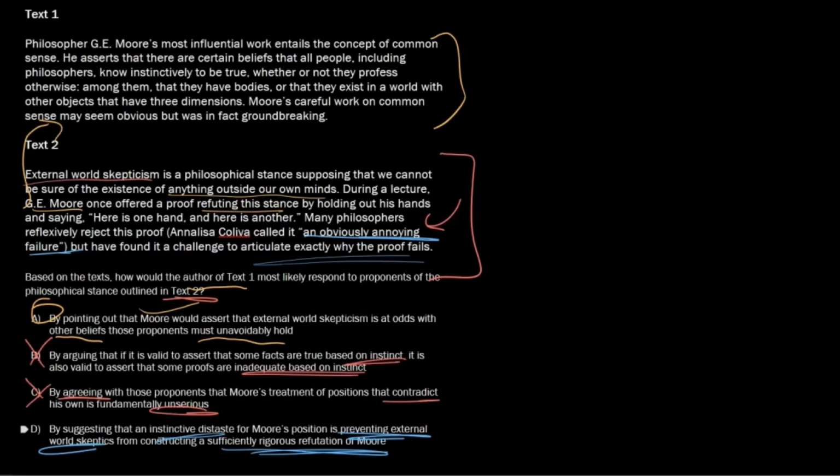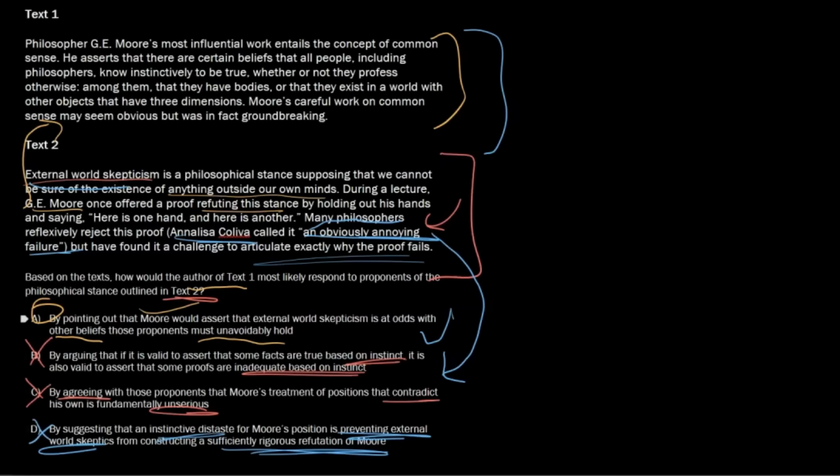Because although they are instinctively distasteful of it, external world skeptics aren't explicitly mentioned here. We don't know if she's necessarily specifically an external world skeptic because it just says many philosophers, right? And this is not what this author is arguing here.